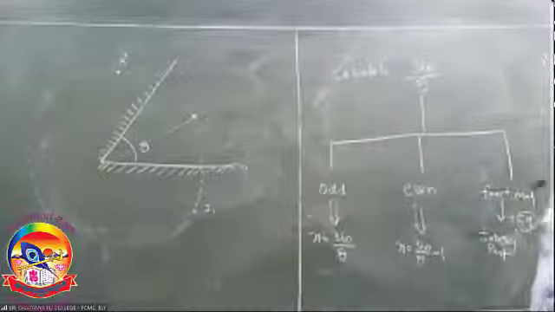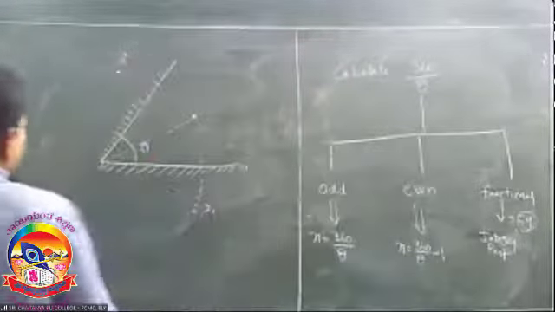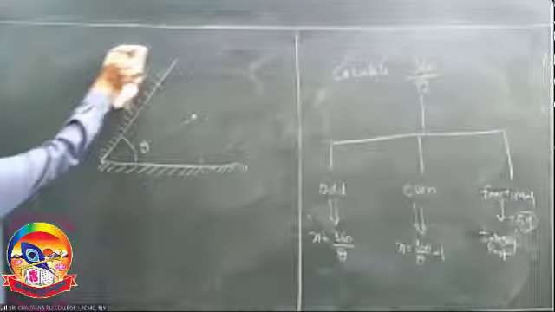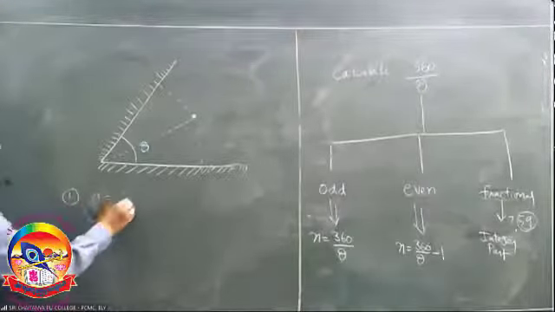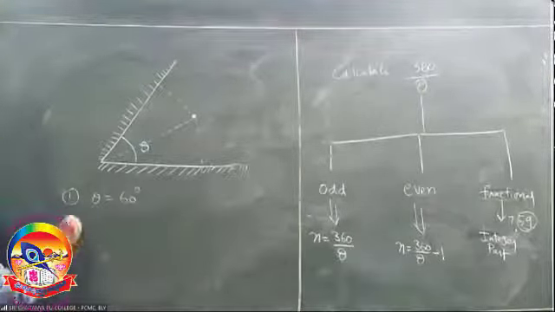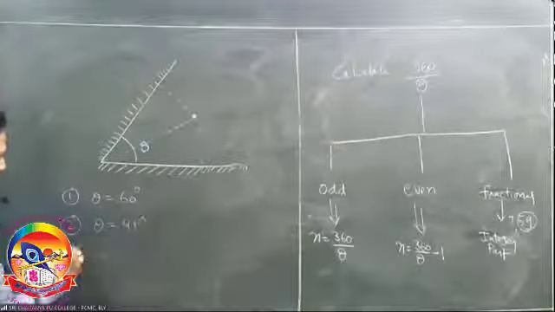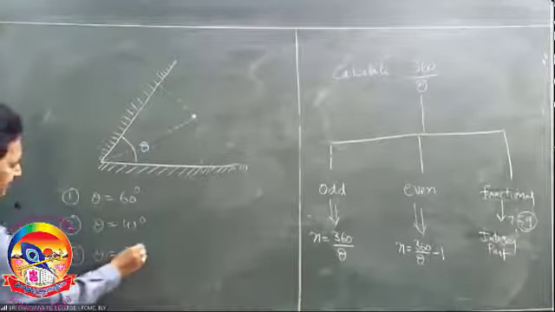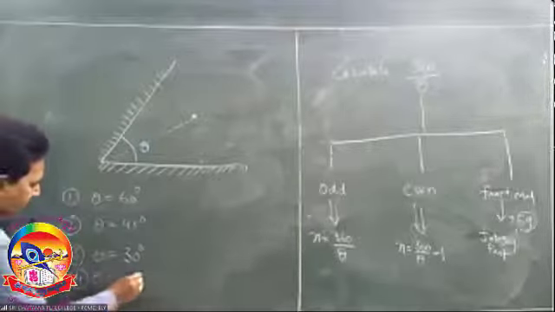For example, here itself, five problems quickly. The angle given: theta 60 degrees. Second one, 45 degrees. Third one, 30 degrees. Fourth one, 72 degrees.